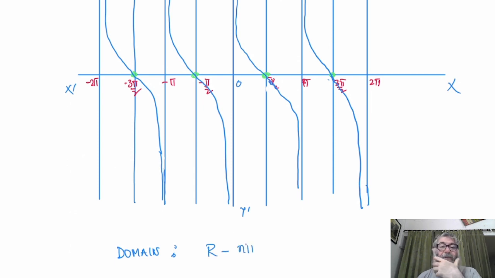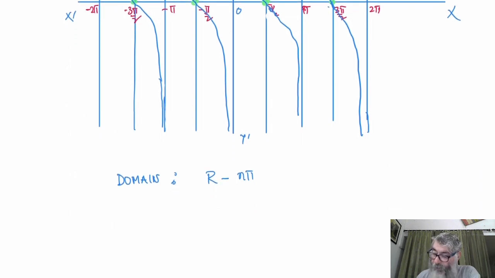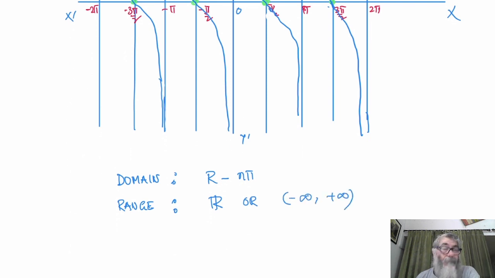It will not be defined at these points. What will be the range? Range, of course, is the set of real numbers, or you can say minus infinity to plus infinity.